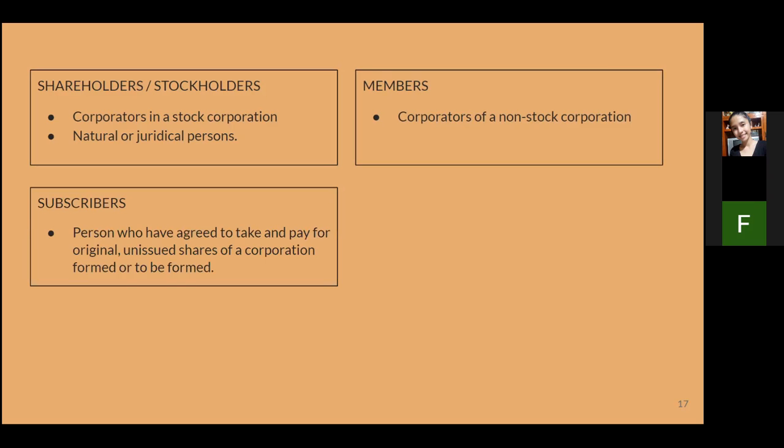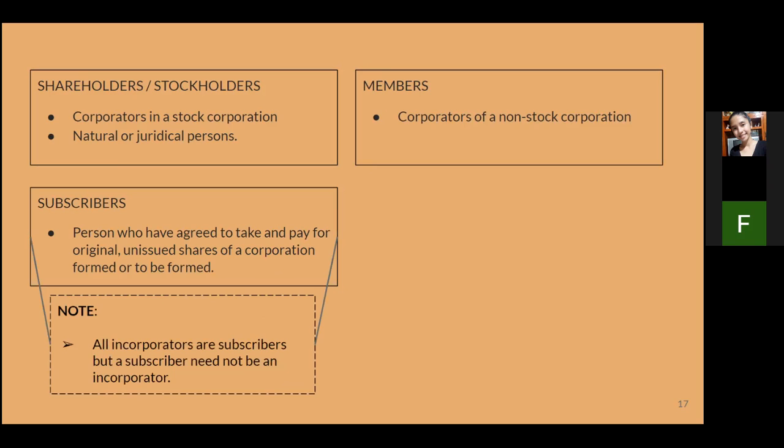And meron tayong subscribers. Ito yung mga persons who have agreed to take and pay for original and issued shares of a corporation formed or to be formed. Note that all incorporators are subscribers, but a subscriber need not be an incorporator. Parang yung ganun lang din sa sinabi ko sa kaninang slide.